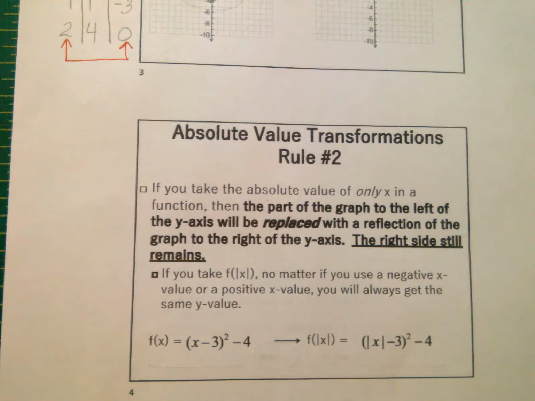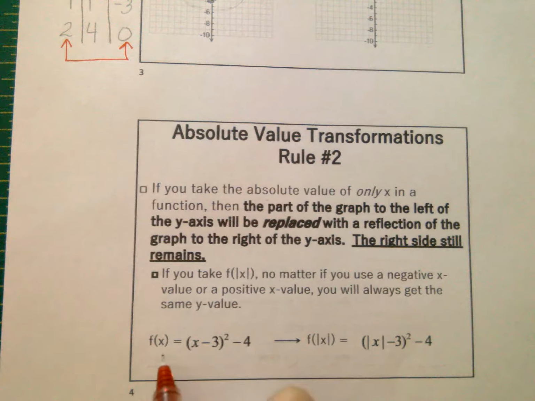So it's similar to what we did in the first rule, where everything above the x-axis stayed the same and then we reflected below. Now we're going to reflect to the right, and everything on the left will disappear, and the right will remain the same.